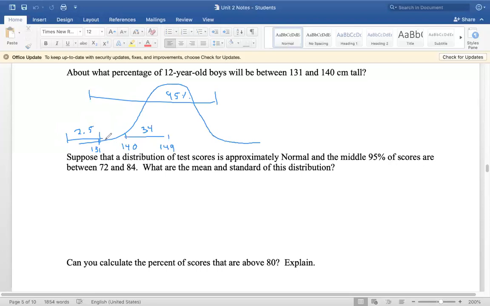And so now we're looking at this area in between, right? So from the beginning to the middle, this is 50%. And then from the beginning to here, this is 50 minus 34.